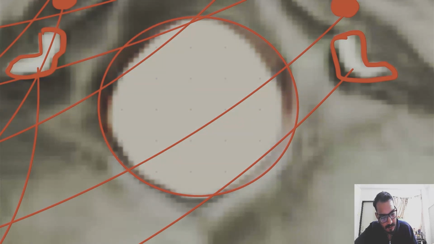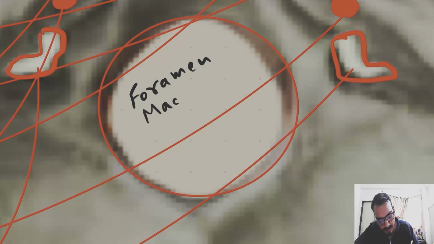This big hole is known as foramen magnum.